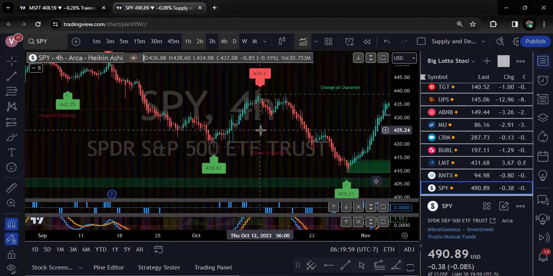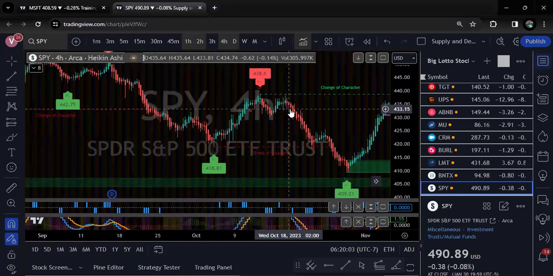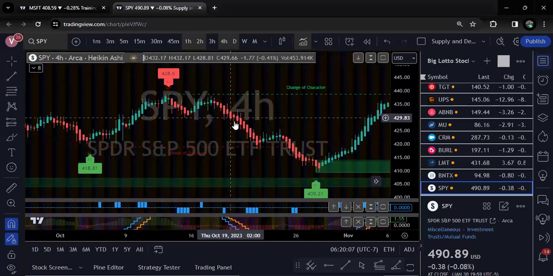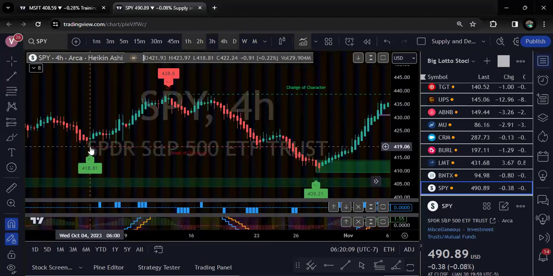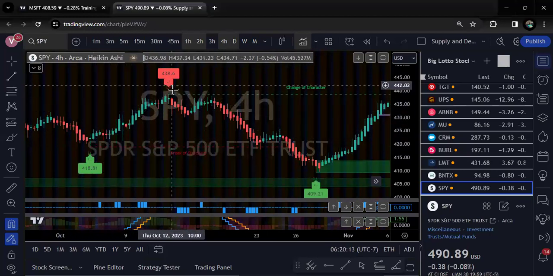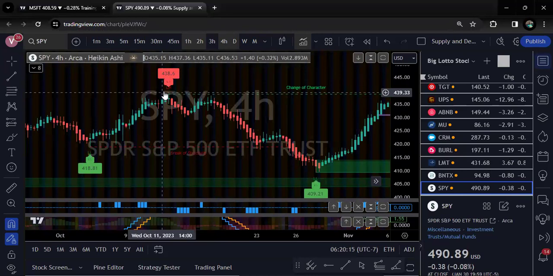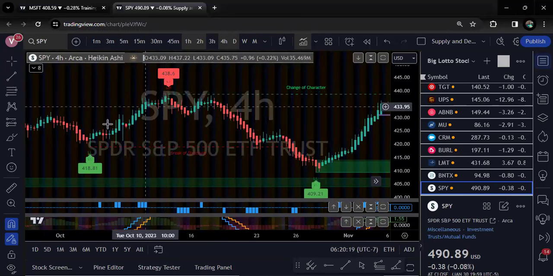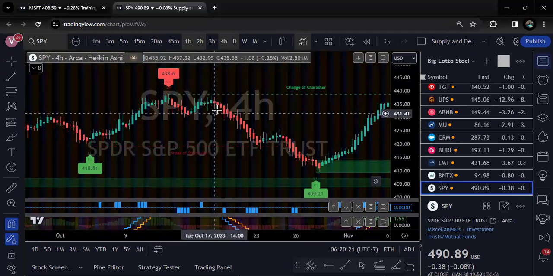So when you're getting a put, of course, this level will not be hit in one day. So you're not buying daily expiry. It took 1, 2, 3, 4, 5, 6 days to go to 438. It can take the same number of days or even longer to retest and break this level.